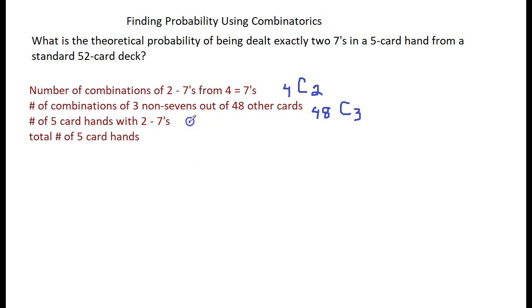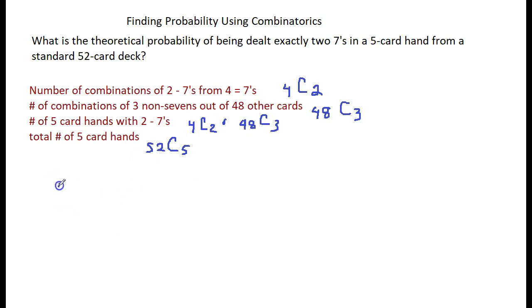So I would have to take 4C2 times 48C3. And then our total number of possible 5-card hands in a deck is 52C5. So this product is going to be our numerator.